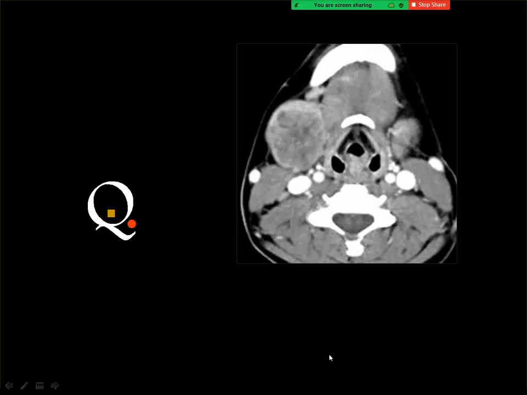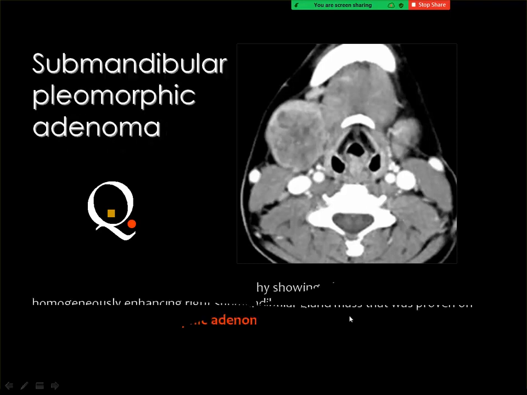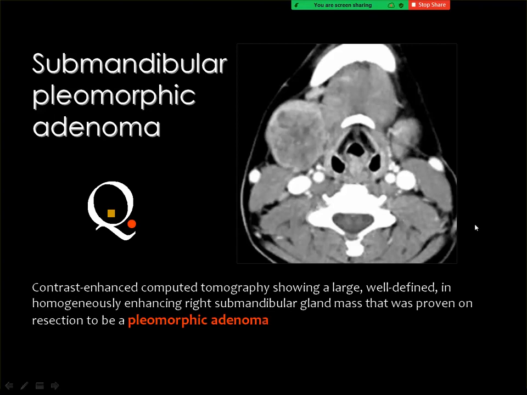You cannot separate both unless you can see evidence of malignancy, like the presence of invasive character of the adjacent soft tissues or the presence of metastatic lymphadenopathy. Then this lesion was proved by biopsy to be a pleomorphic adenoma in the submandibular salivary gland, which is a little bit rare compared to the pleomorphic adenoma of the parotid gland.